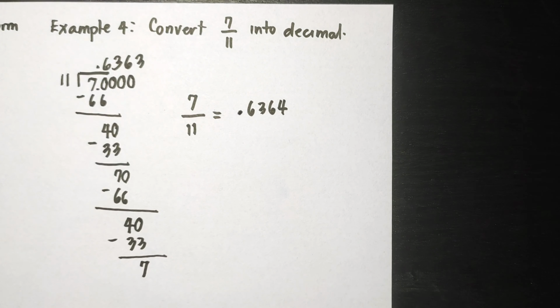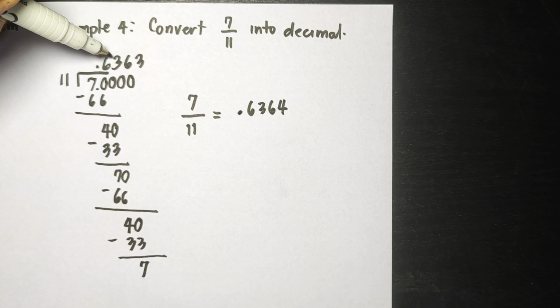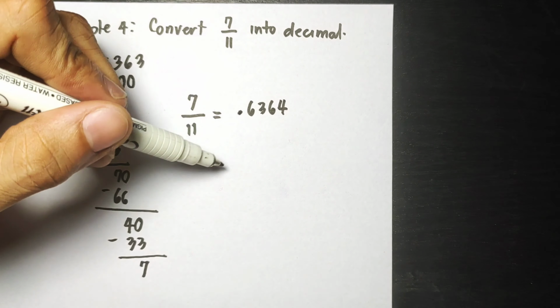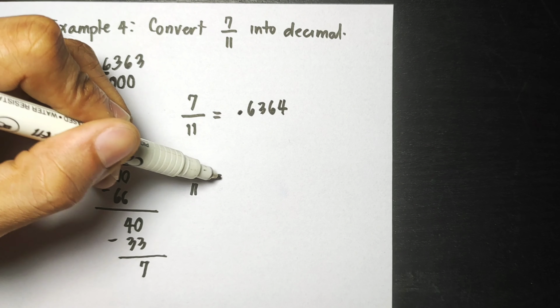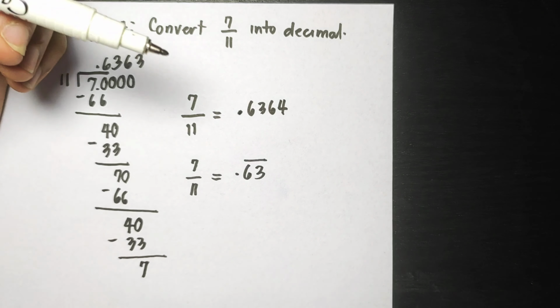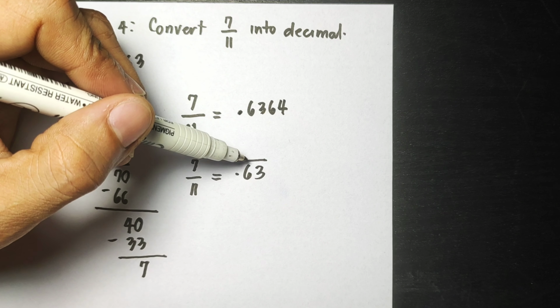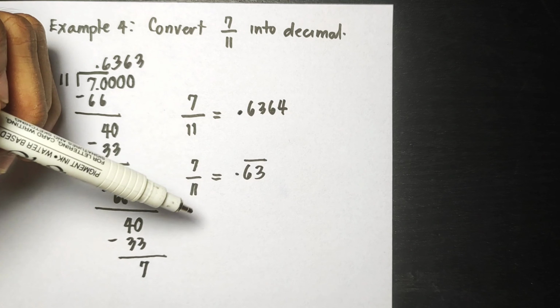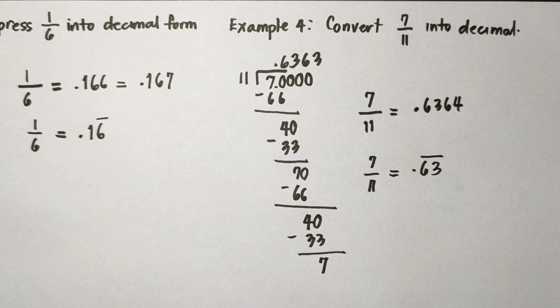Or, since 6, 3 and 6, 3 keep repeating, we can put a bar on it. So, 7/11 is equal to 63 hundredths bar. It has a bar on the 6 and 3 since 6 and 3 are the repeating digits.